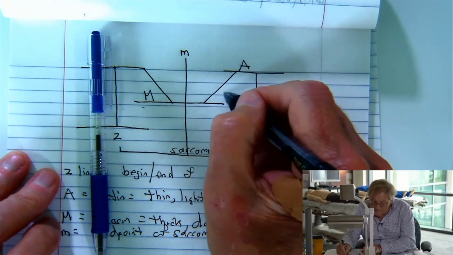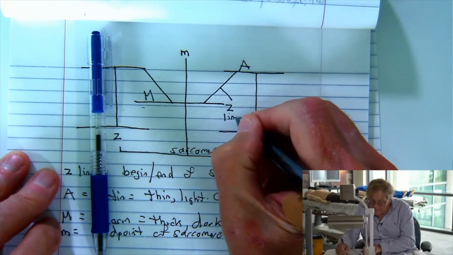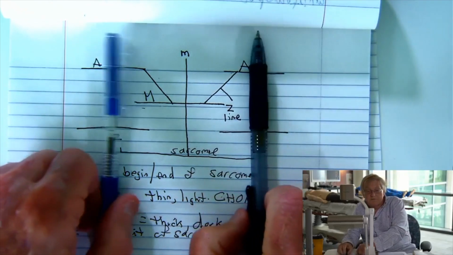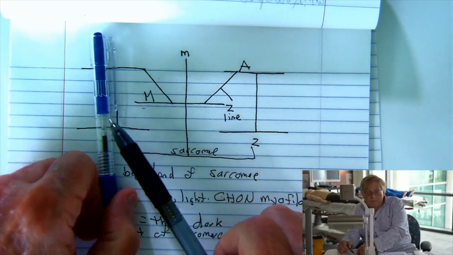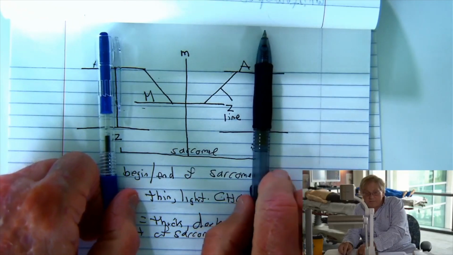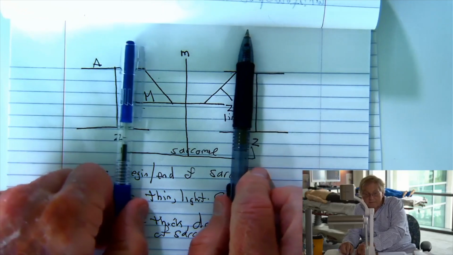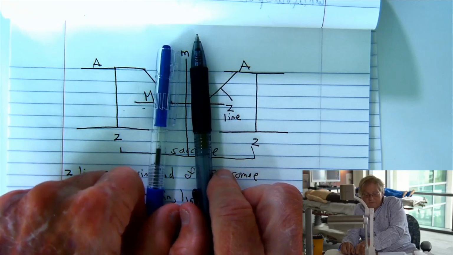We're just going to memorize and say this is called a Z line. And I'm going to pull at that Z line. If the myosin pulls at the actin, these two pens are going to come together, and as they come together, the muscle is going to contract.